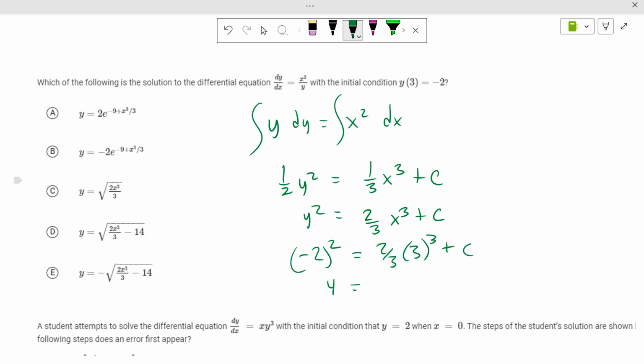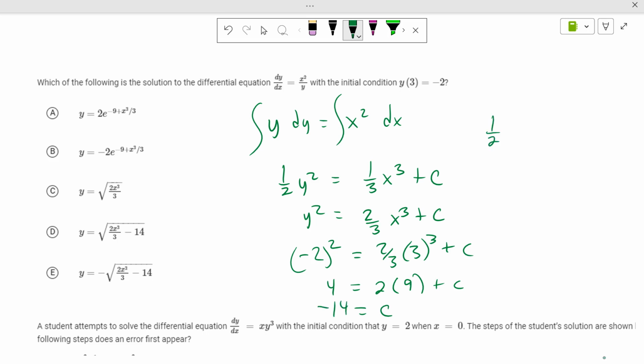So 4 equals 2 times, one of those 3's cancel, 2 times 9 plus c. So c, that's 18, subtract 18, so that's a -14.